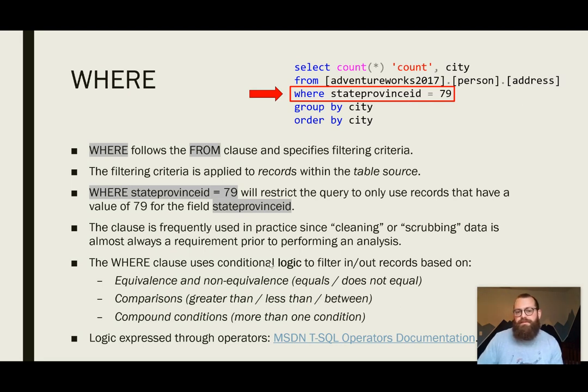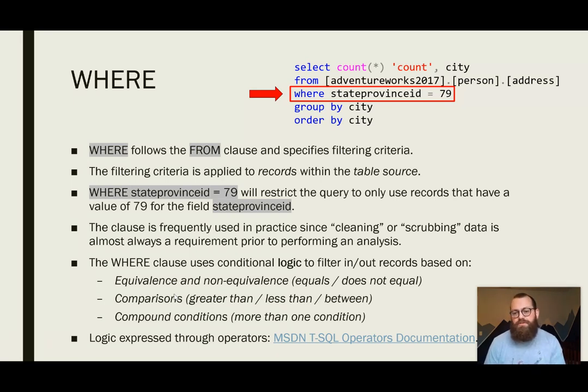The types of logic that you'll see in where clauses are equivalence and non-equivalence. In the example we've shown here, equals is equivalence. You can also do does not equal. There are comparisons, so greater than, less than, or between. And this can be numeric data. It can be date data.